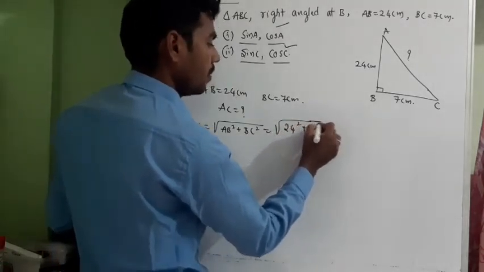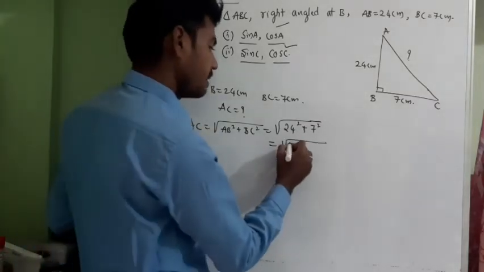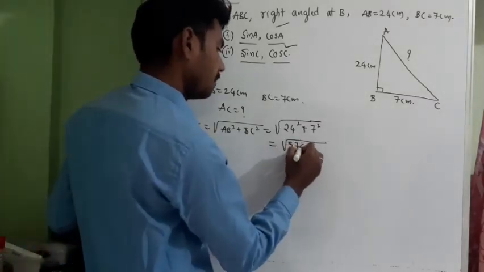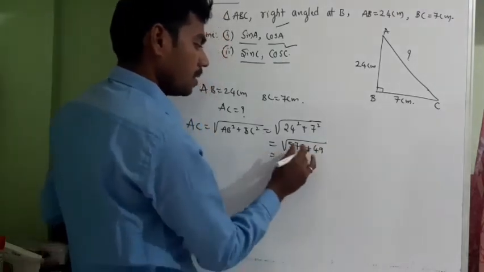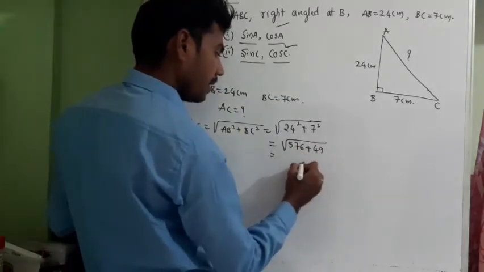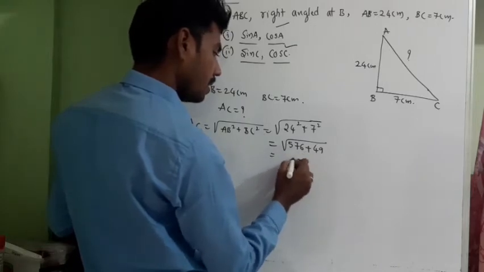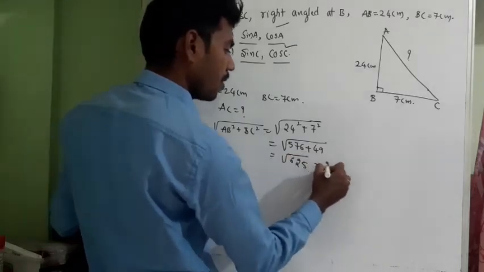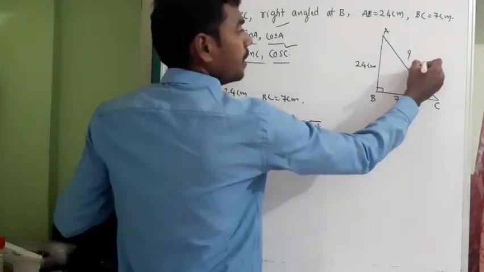That is 7 square, which is equal to, 24 square is nothing but 576. 7 square is nothing but 49. Adding, 6 plus 9, 15, carry 1, 5 plus 7, 12, carry 1, that is 625. So root of 625, which is equal to 25 centimeter. So this is 25 centimeter.